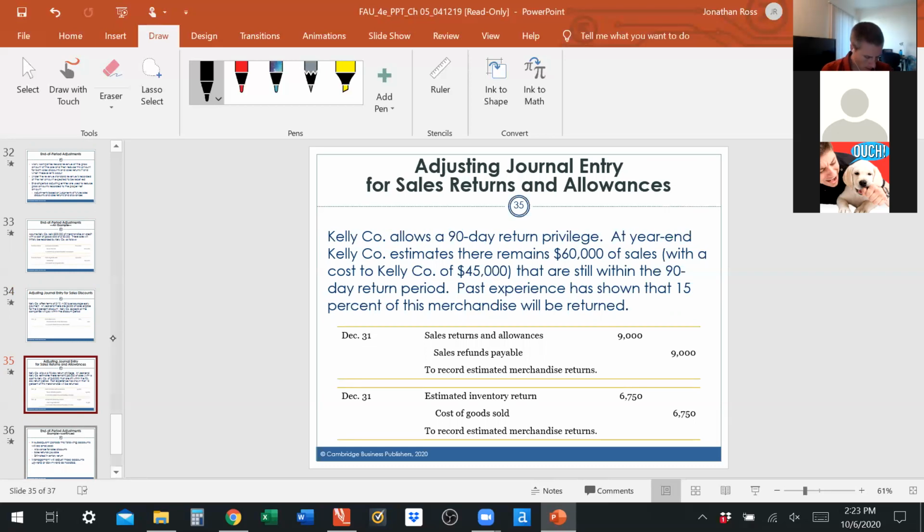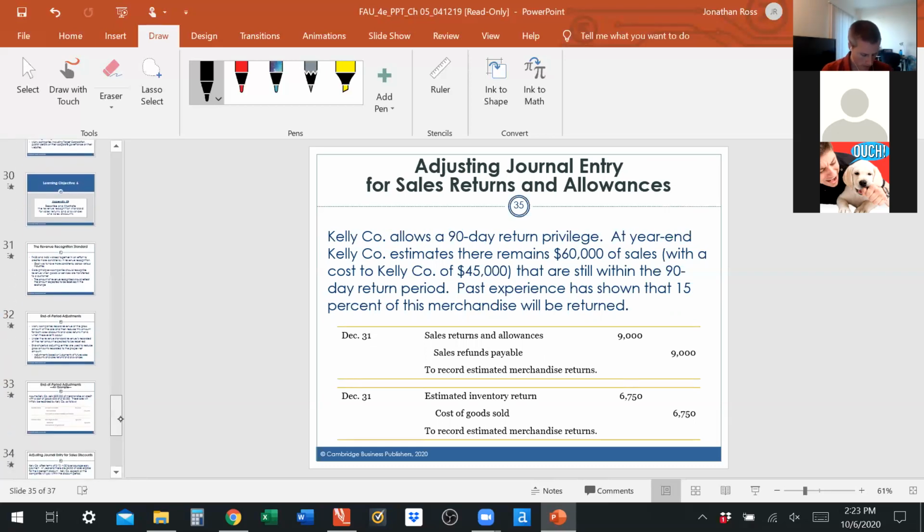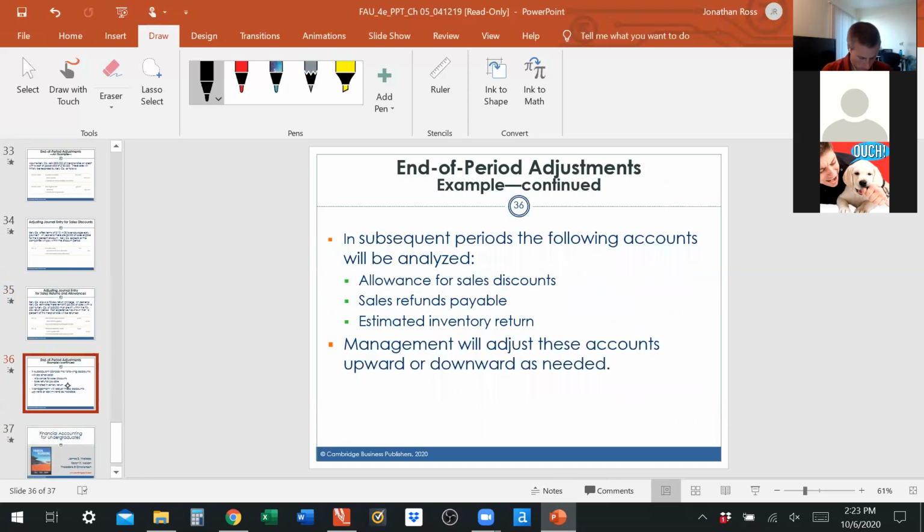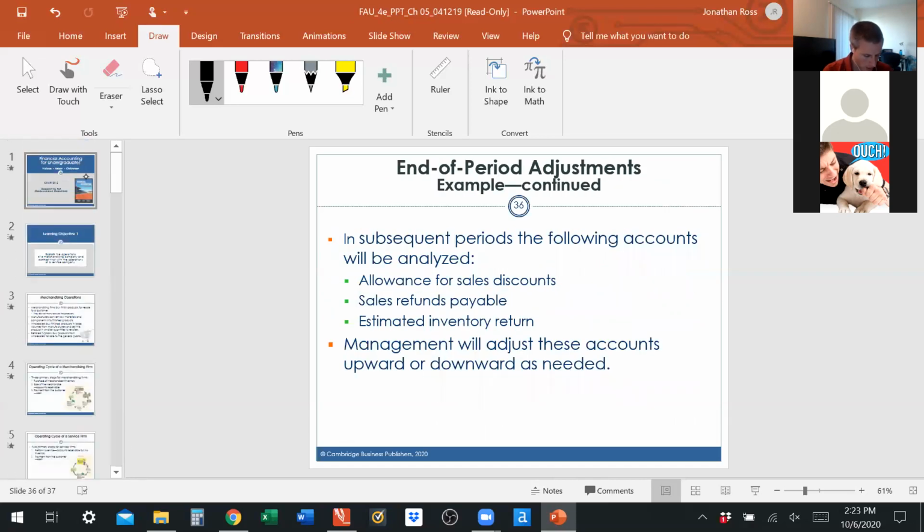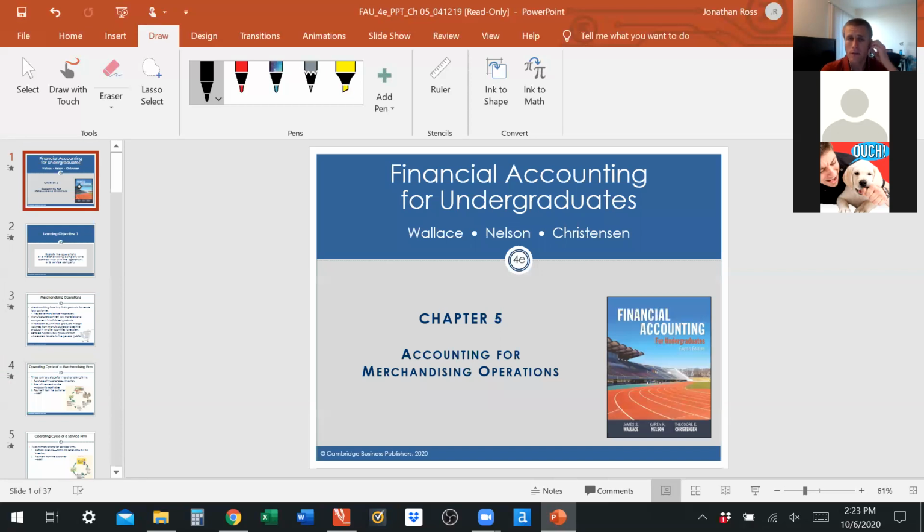But for now, don't worry about Appendix 5B. The reason I was talking about it a little bit is because for the homework, there may be a question on it where you have to look at Appendix 5B to see how to answer the homework question. But for the exam, don't worry about that.